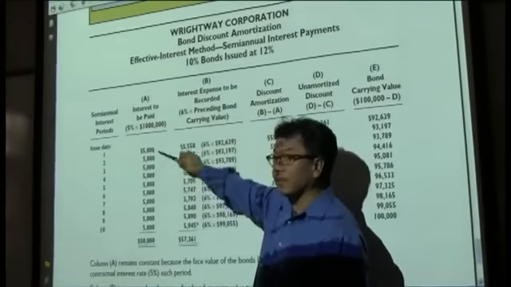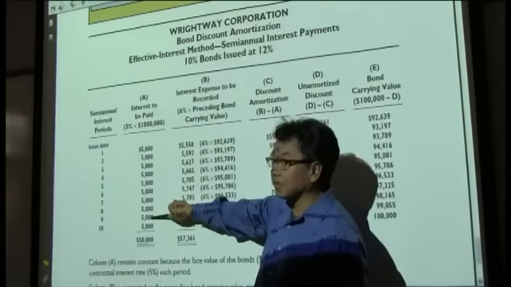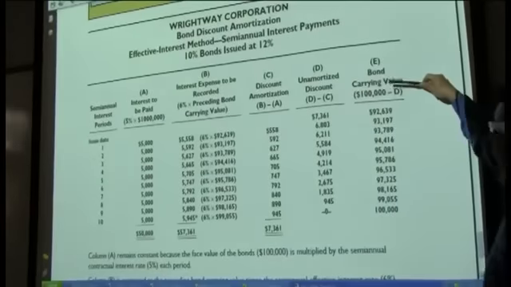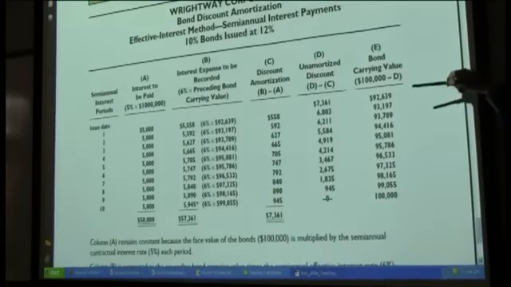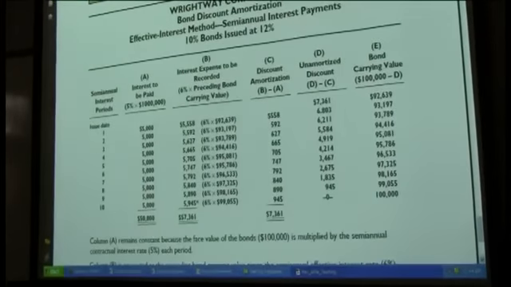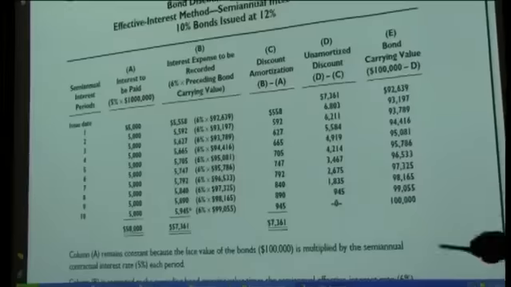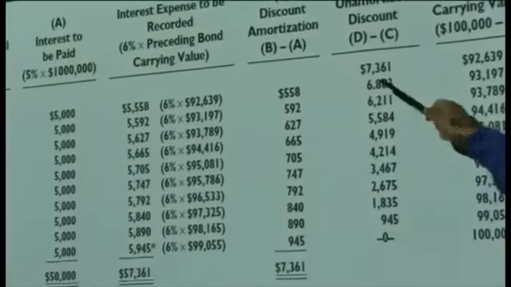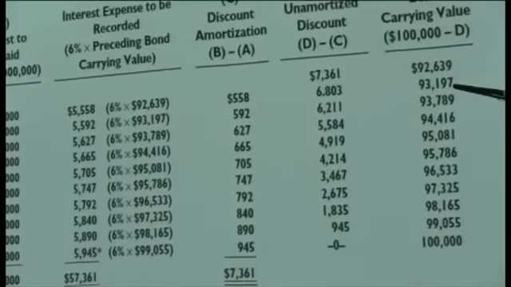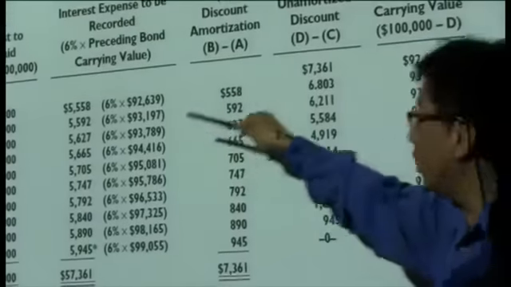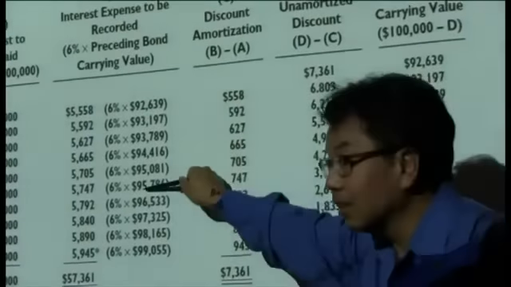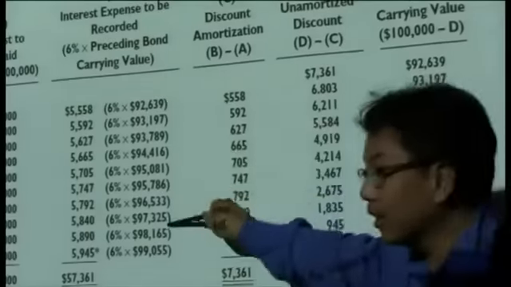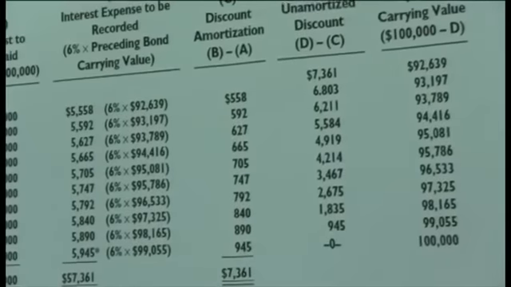That's the same. That's the payment every period. So when you are amortizing with the effective rate, the only thing you have to remember is the market rate. So carrying value, market, update the number. Market, update the number. Market, update the number. All the way up to 100,000.